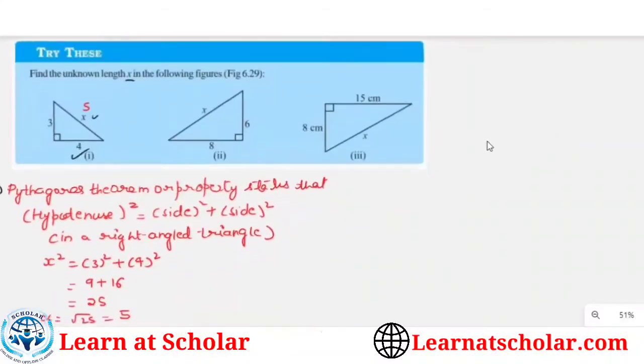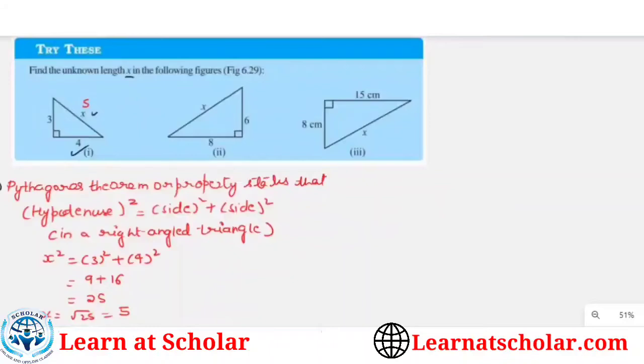In the second one, x square is equal to 6 square plus 8 square. So 36 plus 64 is equal to 100. The value of x will be 10.